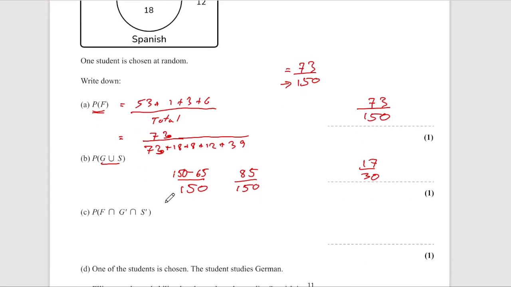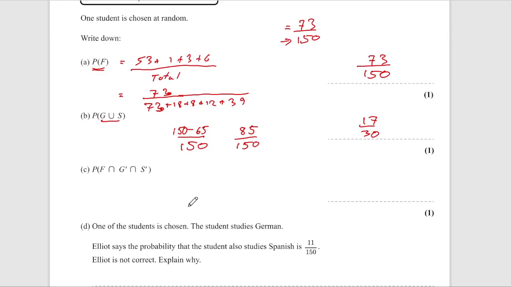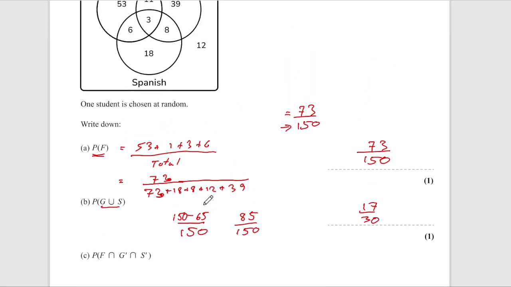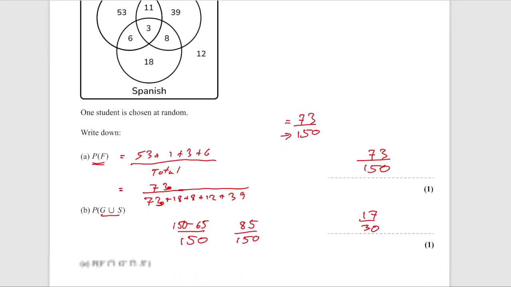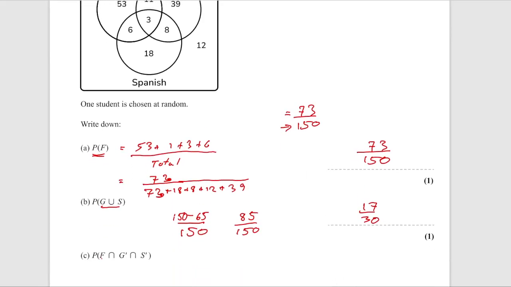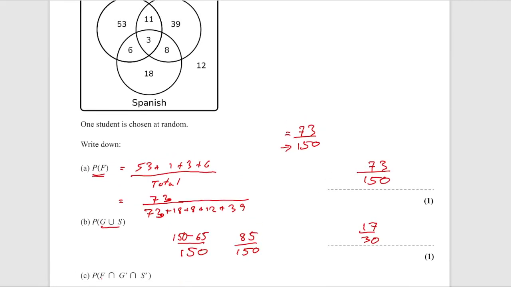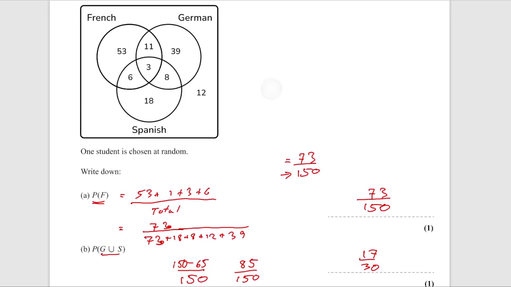And then our last, oh no, not our last one. So this is an interesting one. So let's identify the region first of all. So we're after the intersection of F and not G and not S. So if we think about this, not G, so let's get rid of the bits that we don't want.